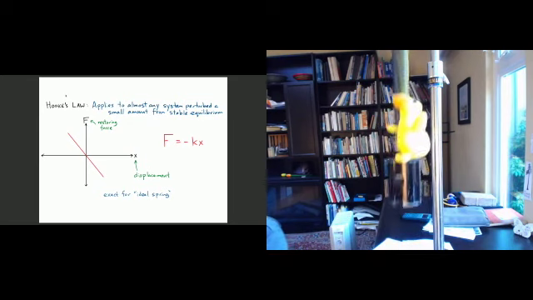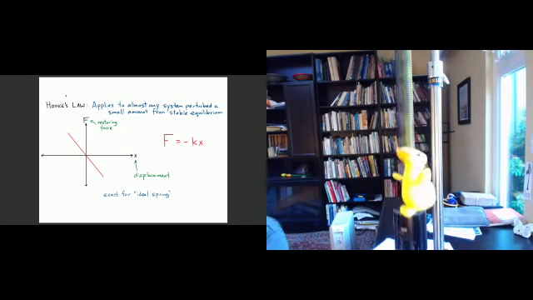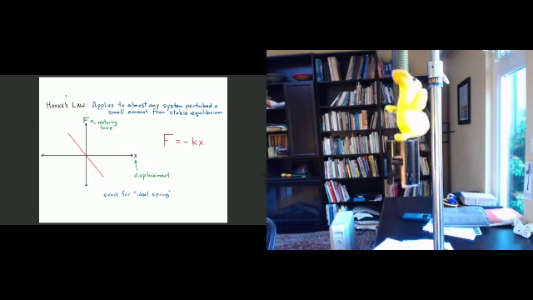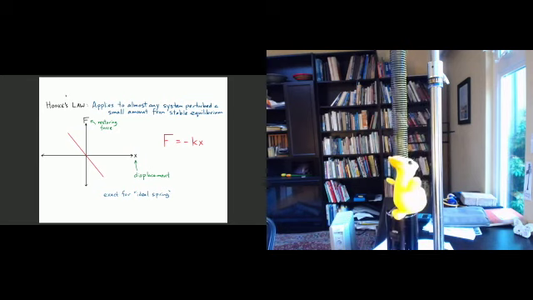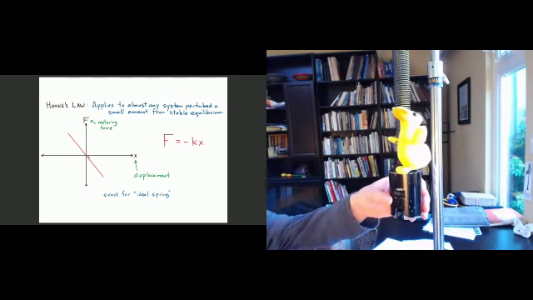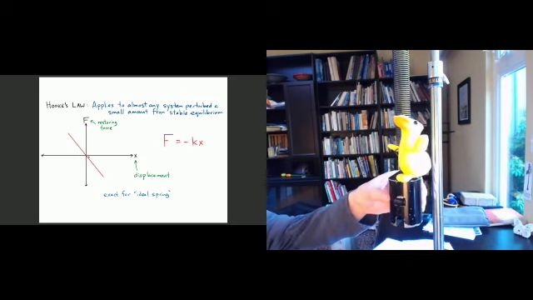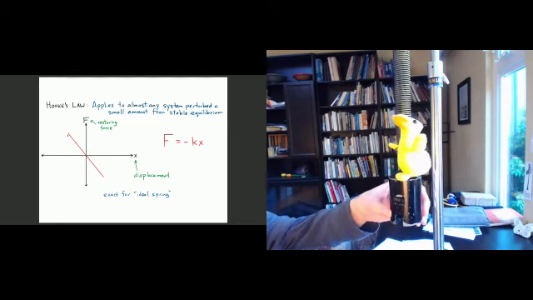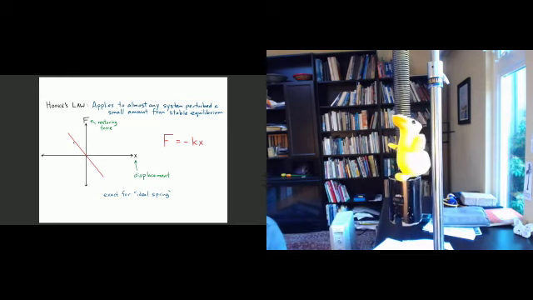For positive displacement, the restoring force will be negative. And so if you zoom in to the region where you're talking about very small displacements, so starting from equilibrium, if I just move up a tiny bit or down a tiny bit, then the form of that function is going to look linear in almost all situations.